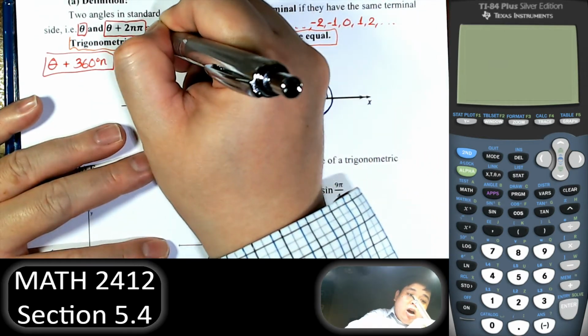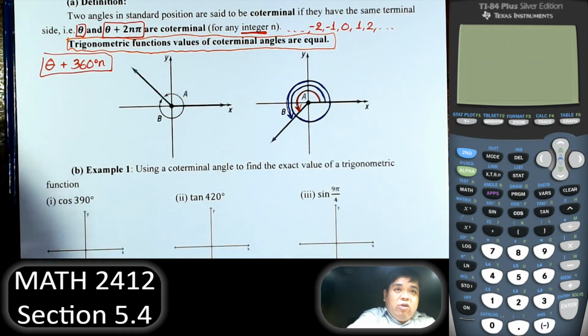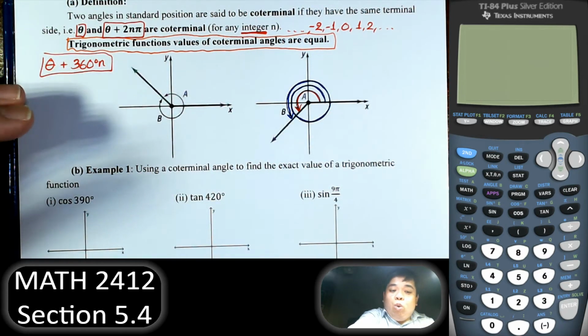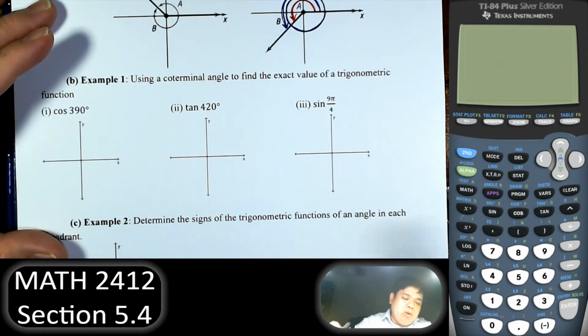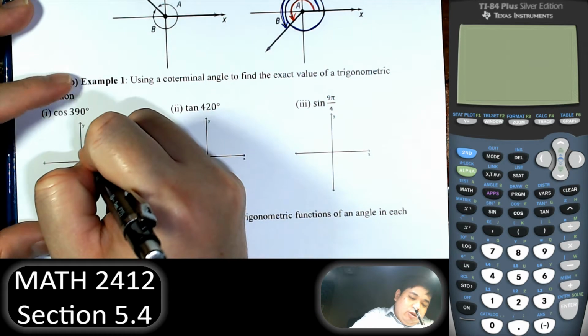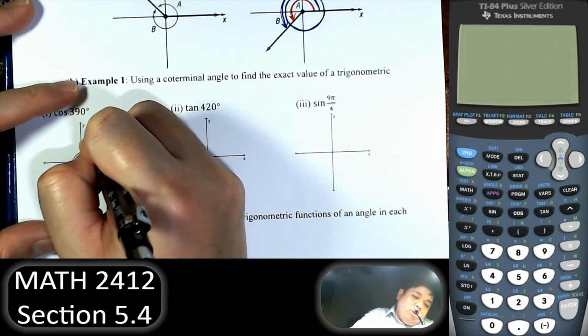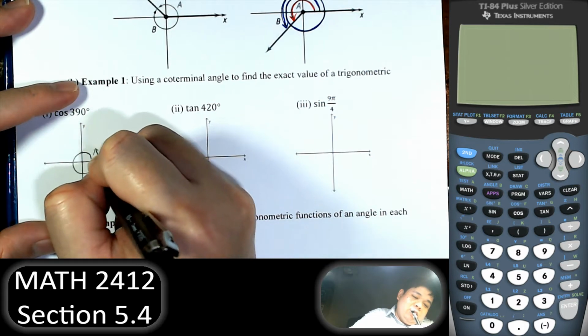The angles are not equal, but the trig function values will be equal. Right. So here we have 390 degrees. If we go one revolution, that's 360, and then go a little more, that's 390 degrees.